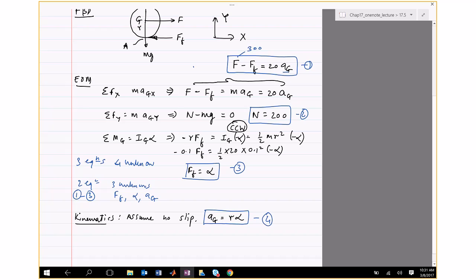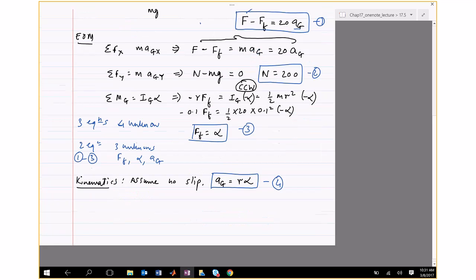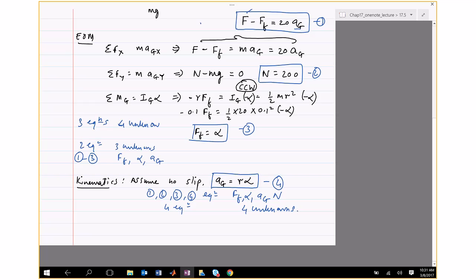Now we have four equations and four unknowns: Ff, alpha, ag, and n. So you can solve for all four unknowns because you have four equations.